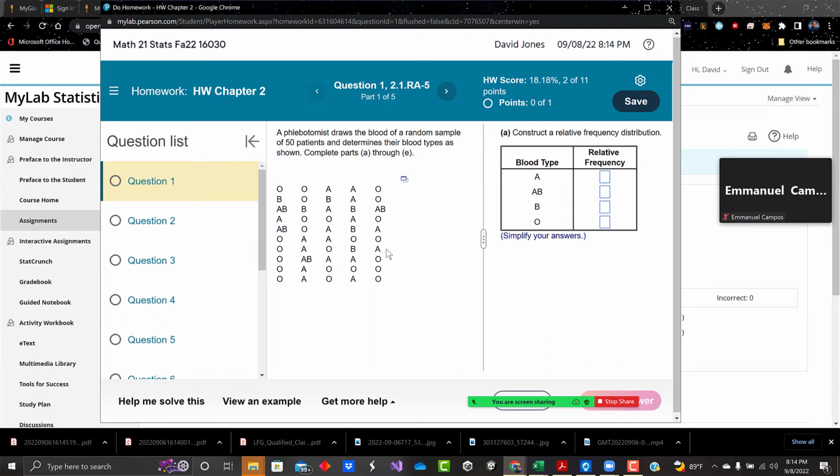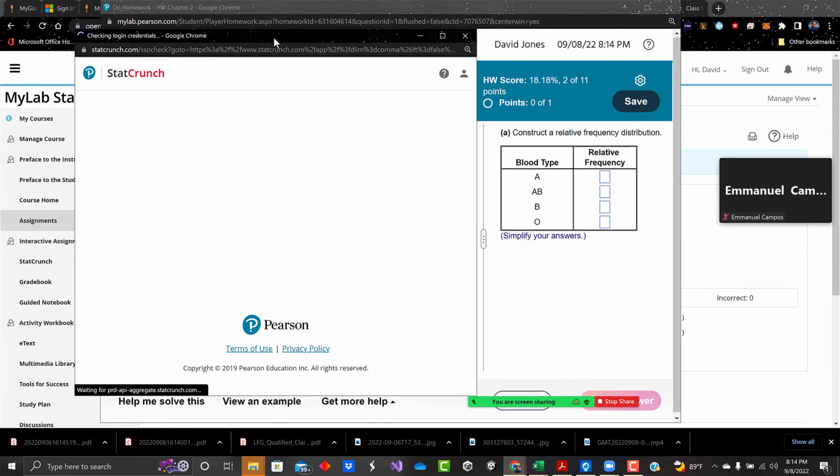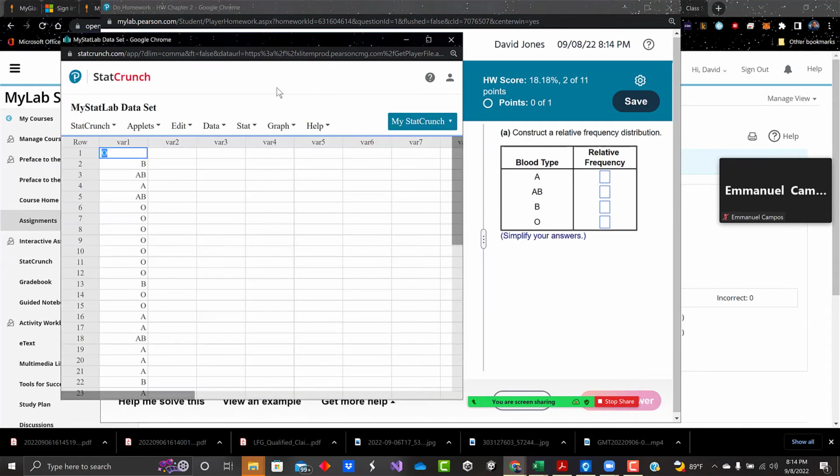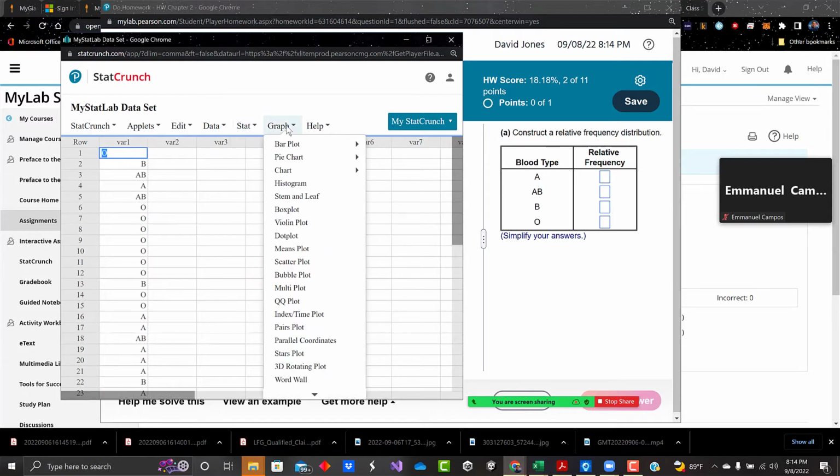So for this one, it wants a relative frequency distribution. There's a couple ways we can do it. I'm going to do both in StatCrunch because I'm not doing any work by hand if I can avoid it. One way we could do it is you could do the graph, bar plot with data.